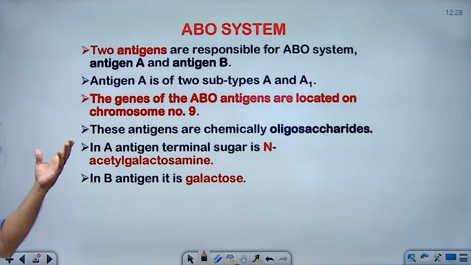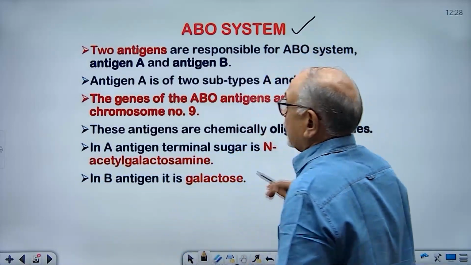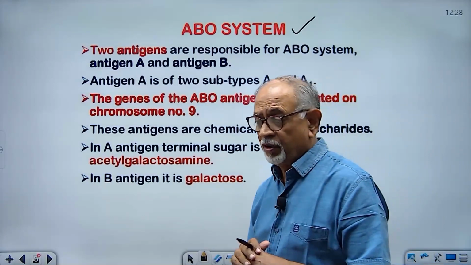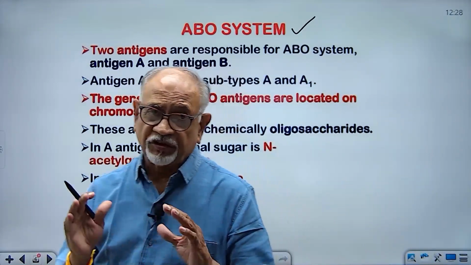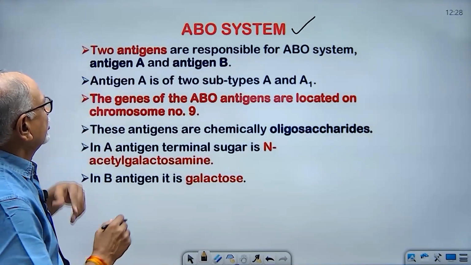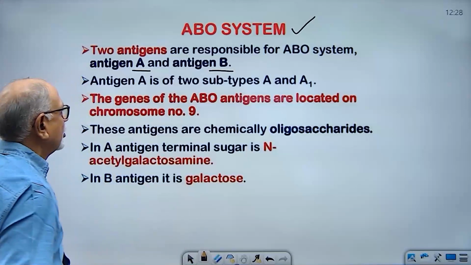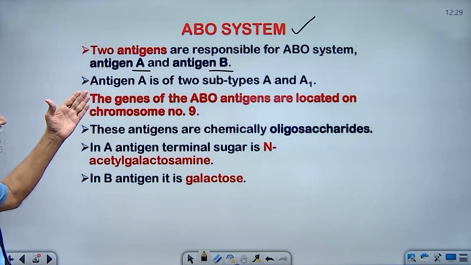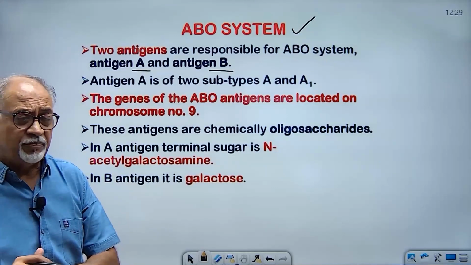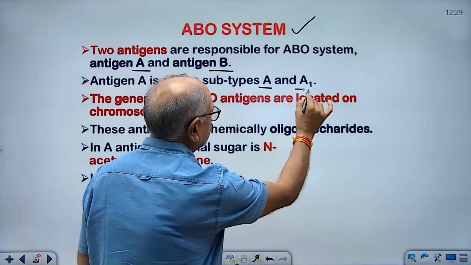Now, in ABO system, first of all we will deal with this. In ABO system, there are two antigens present on the surface of RBCs, antigen A and antigen B. Antigen A can be of two subtypes. It is antigen A and antigen A1.